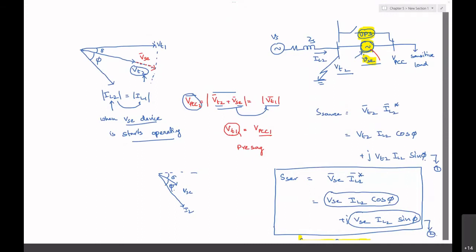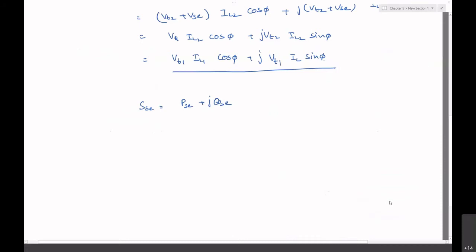This particular device has to inject real power as well as reactive power into the system. When you are injecting real power, it should have some kind of energy storage. For reactive power, it doesn't require energy storage.